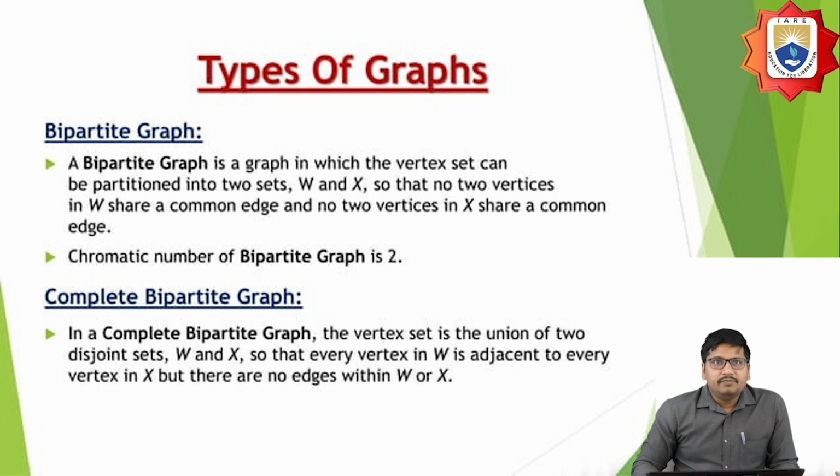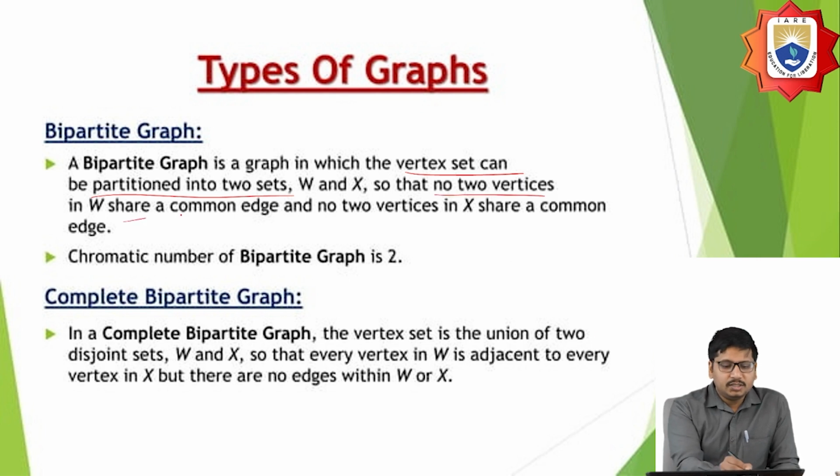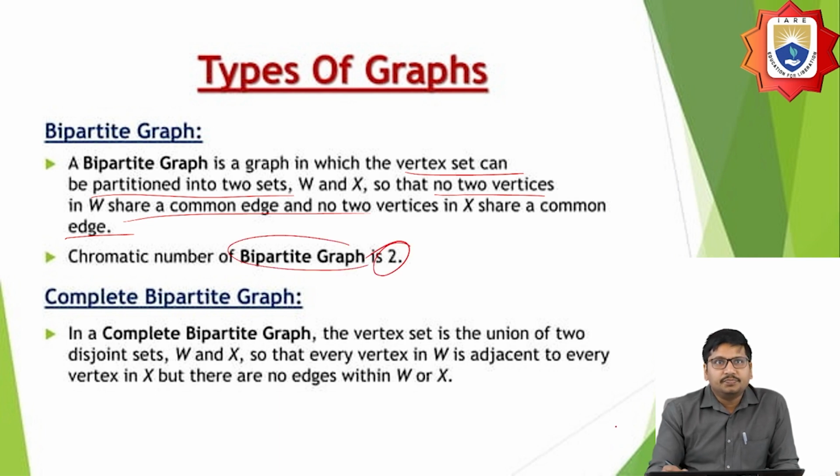Next one, bipartite graph. So what is a bipartite graph? A bipartite graph is one in which the vertices can be partitioned into two sets, W and X, so that no two vertices in W share a common edge, and similarly no two vertices in X share a common edge.